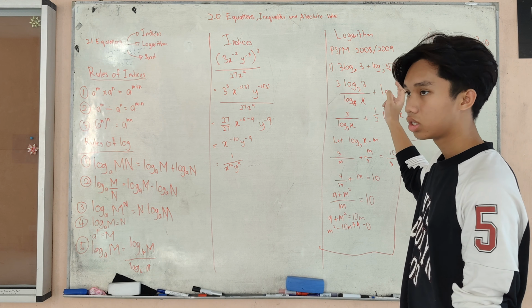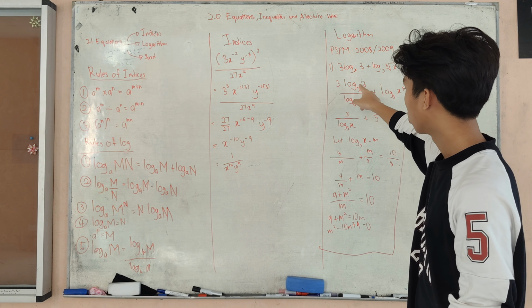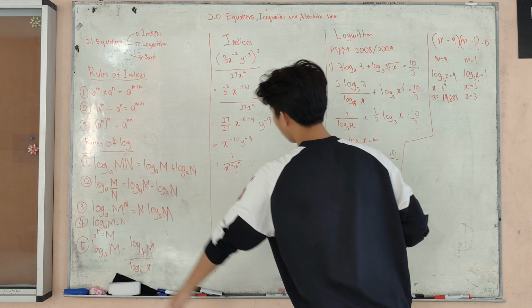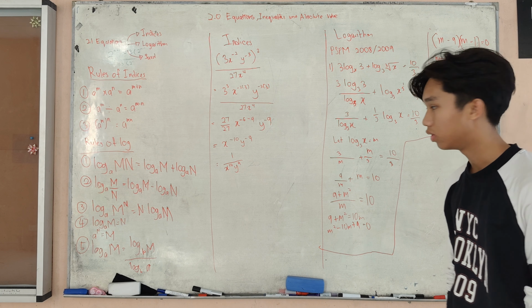Now log 3 of 3 is 1, because 3 to the power of 1 becomes 3. So that's why log 3 of 3 equals 1. Then, according to this formula, we will have 1 over 3 times log 3x equals 10 over 3.